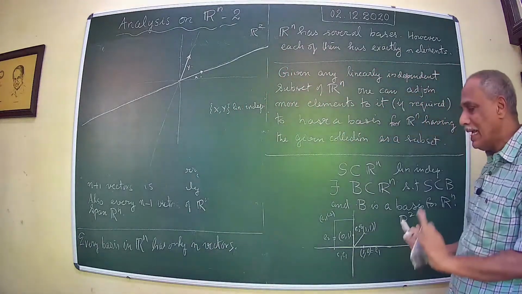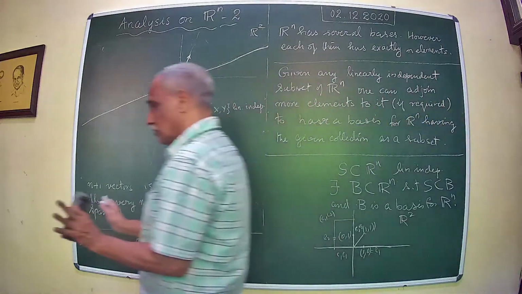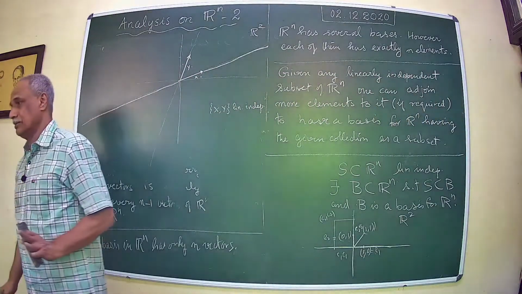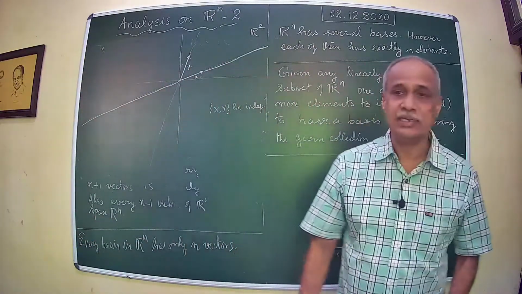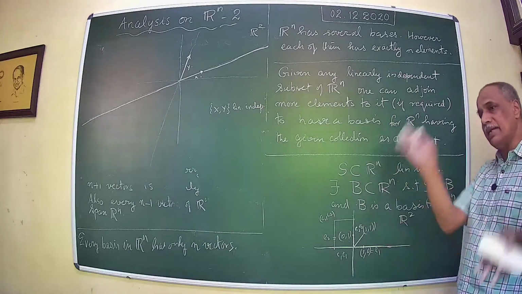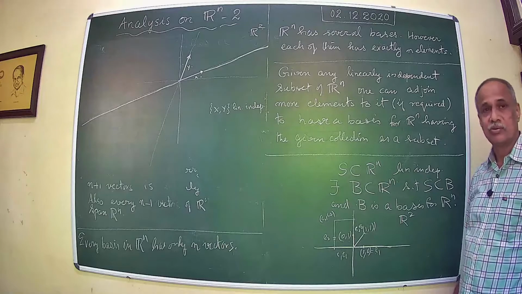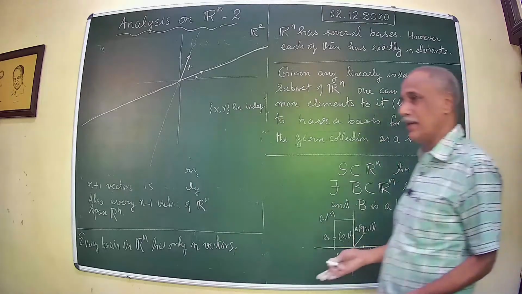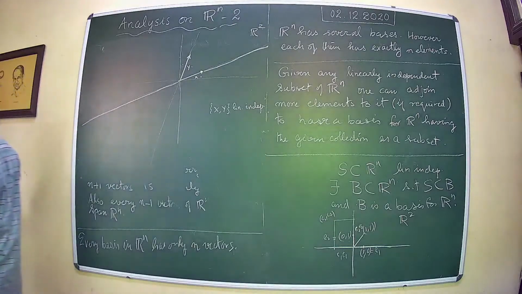So any choice of a basis for Rn corresponds to choosing a coordinate system. So you can choose a coordinate system to suit your purpose. But every coordinate system will consist of exactly n vectors.